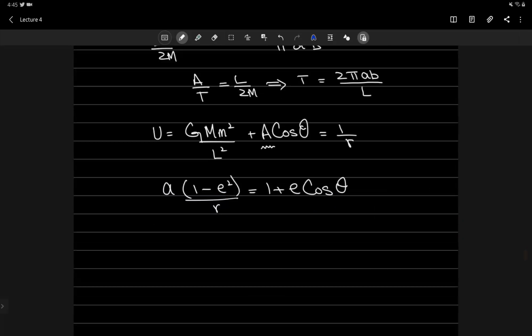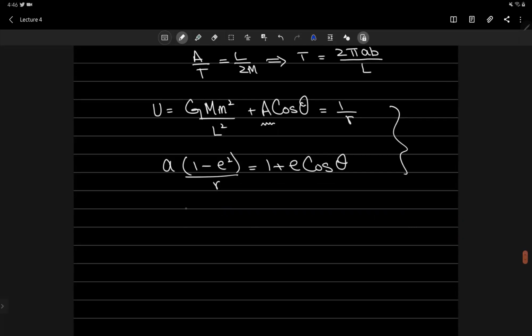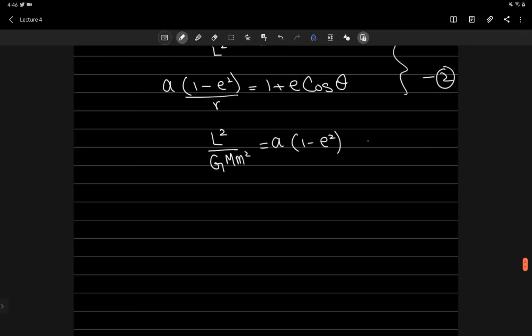So if I compare these two equations, what I can do is I can write this L squared over g m squared from this above equation. इसको मैं फिलहाल 1 कह देता हूँ, इसको 2 कह देता हूँ, from equation 1, and this thing would simply be equal to a times 1 minus e squared, ये दूसरी equation से, right? So now we have this thing.